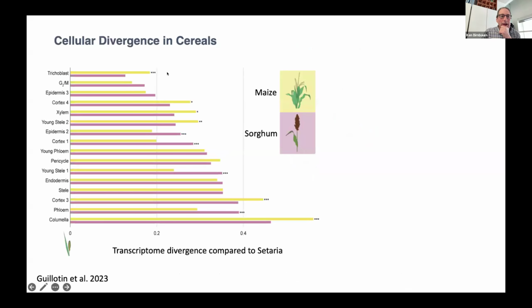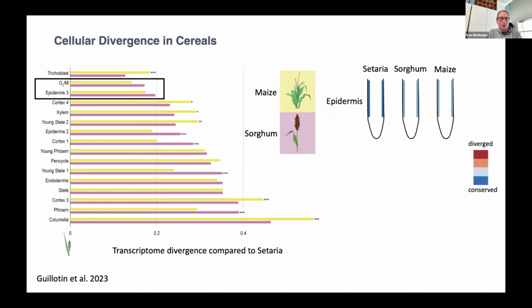And we did that. So what we did was ask, from the perspective of Soteria, what's the difference in individual cell types with respect to maize and sorghum, right? And so now we can quantitatively ask that question.